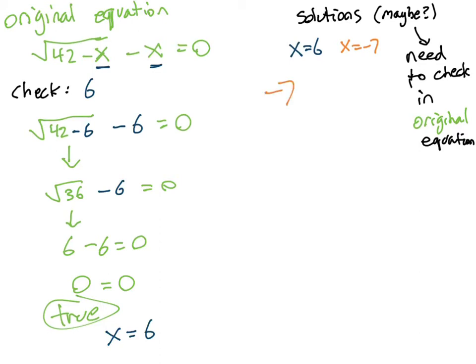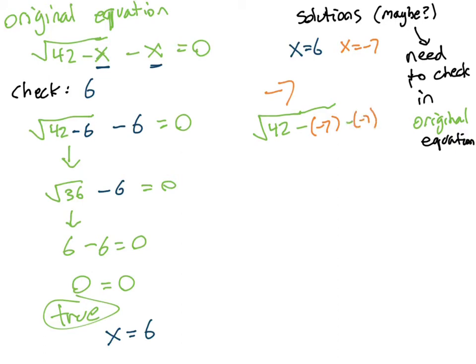So if we check -7 by plugging it back into our original equation, we're going to replace anywhere we see x with -7. So instead of 42 minus x, we have 42 minus -7. And instead of minus x outside of our radical, we have minus -7.